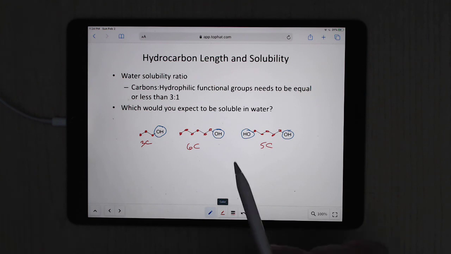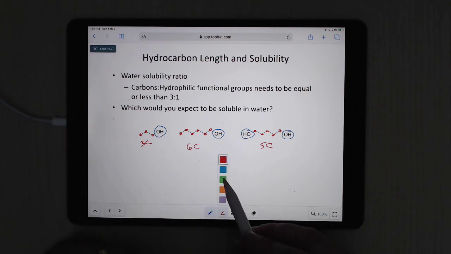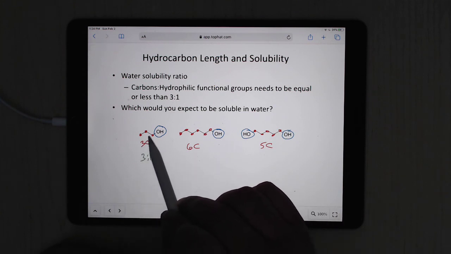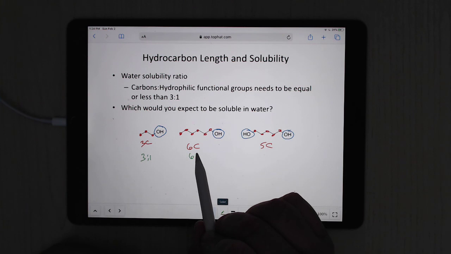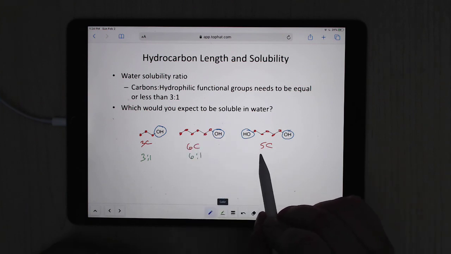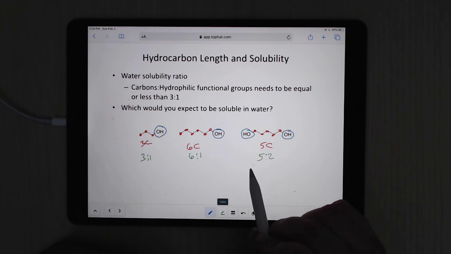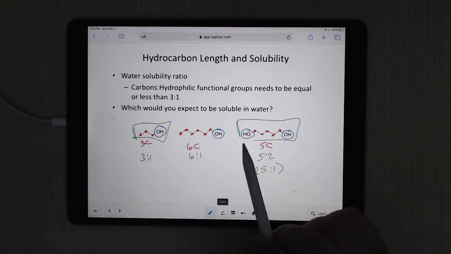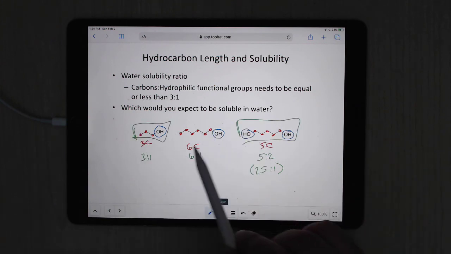So the carbon ratio here is, in this one, 3 to 1, 3 carbons, 1 hydrophilic group. Here it's 6 to 1, 6 carbons, 1 hydrophilic group, and this one is 5 to 2, or if you want to simplify it, 2.5 to 1. Both of these are going to be soluble in water, but this one is not.